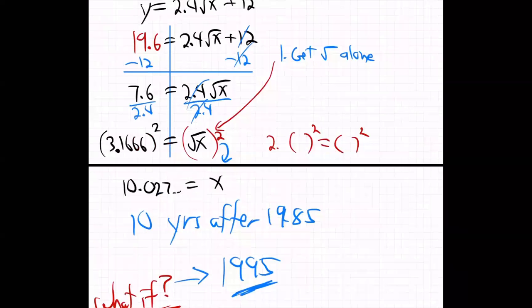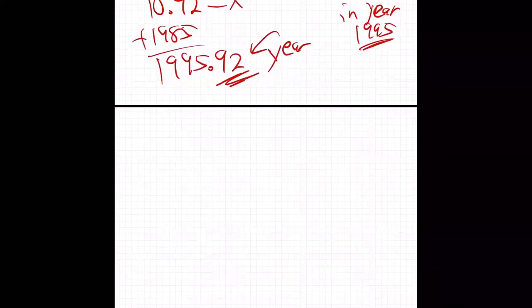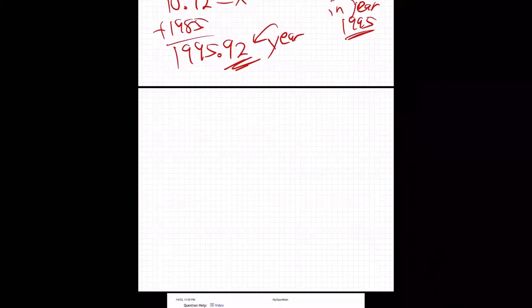Okay, good. Tell me your number. Good. I'm glad you brought that up, because sometimes they do it differently. Tell me your numbers real quick. And well, X was years after 1995 or 1985? What do the words say on yours? Same thing? Years after 1985?